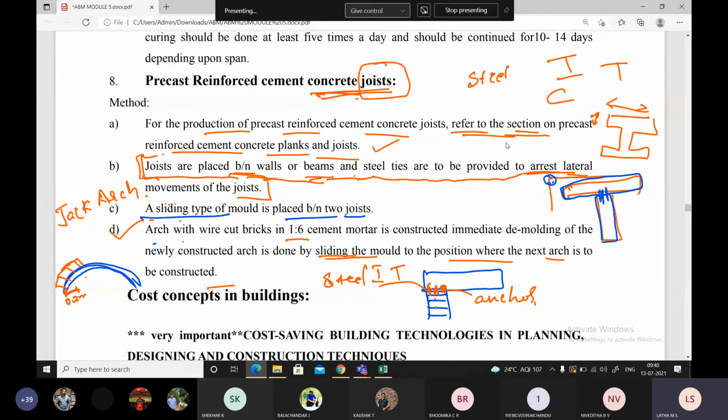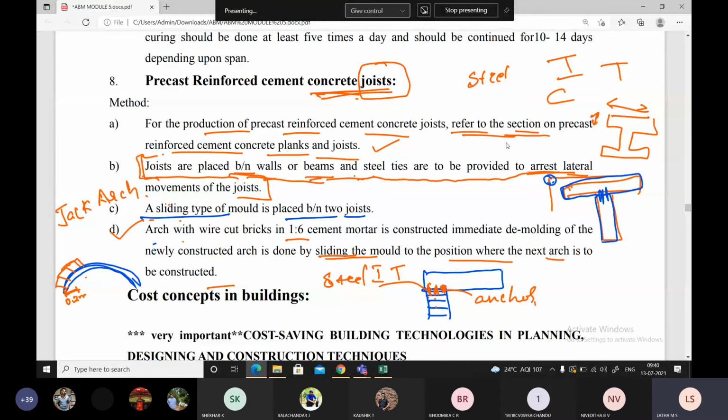It's something like you have steel connectors. Do you get the idea of steel connectors? You will be connecting two elements together. So where will you be placing those steel connectors? Within the elements. Similarly, the precast reinforced cement concrete joist also plays the same role, but the only thing is the material is different. It is applicable in connecting two walls or two beams, to avoid the lateral movement.